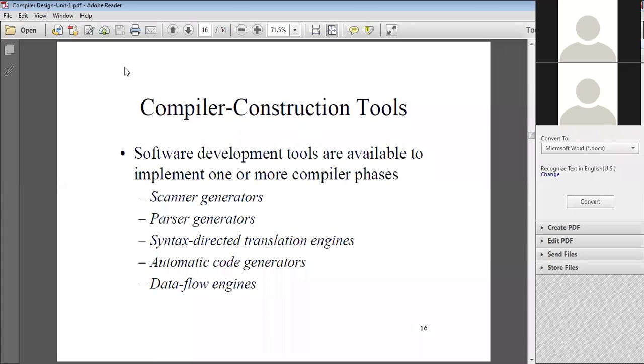So we can write our system software, that is the compiler. We can design the compiler with the help of these tools. So what are these tools? First is called the scanner generators, another is called the parser generators, third is called the syntax directed translation engine, fourth is called the automatic code generators, and fifth is called the data flow engine.